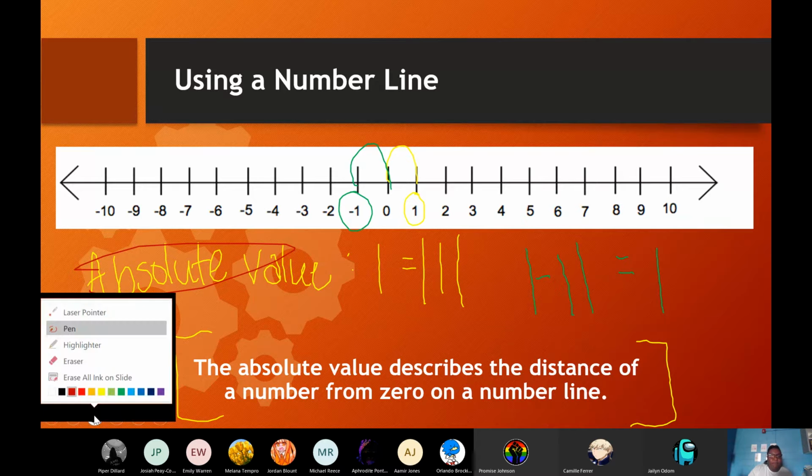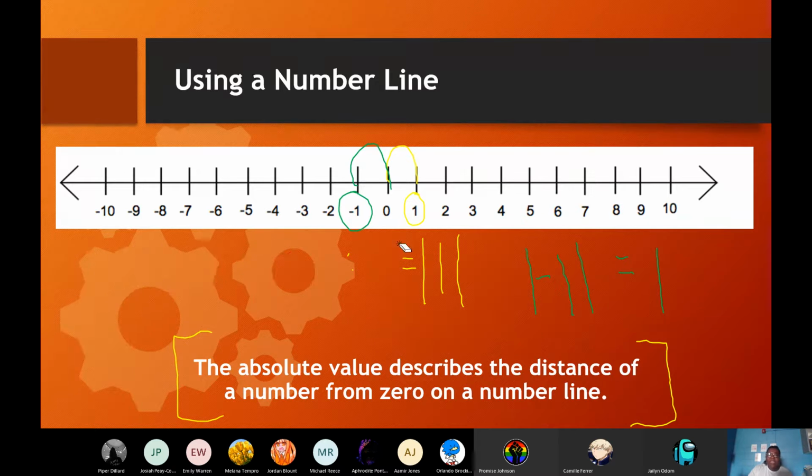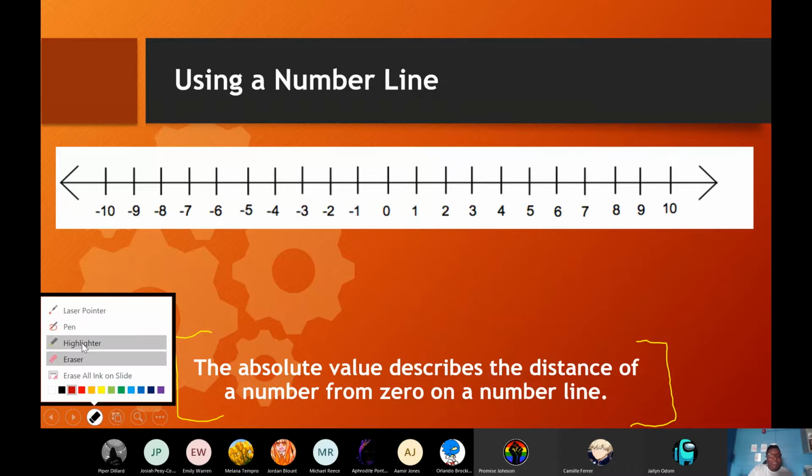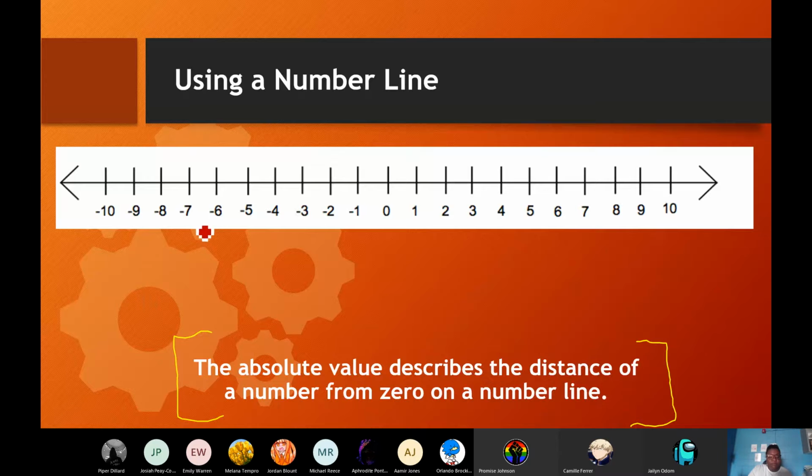So when we're looking here, let's do some more practice. Let's find the absolute value of 6. What is the absolute value of 6? Six. Yep. So Jalen, what am I saying when I say the absolute value of 6 is 6?